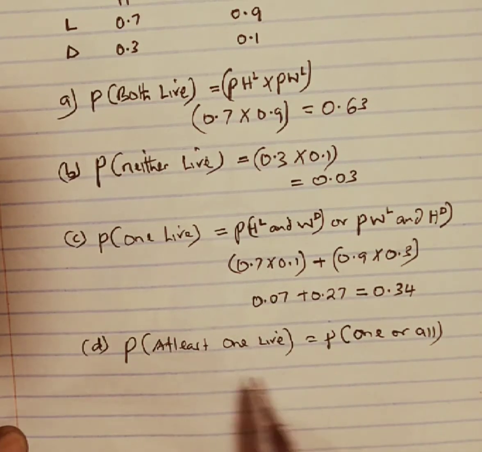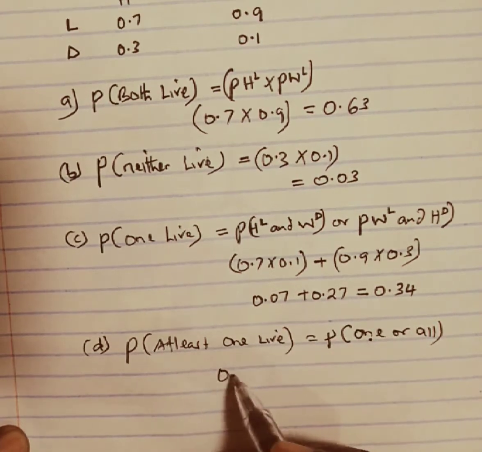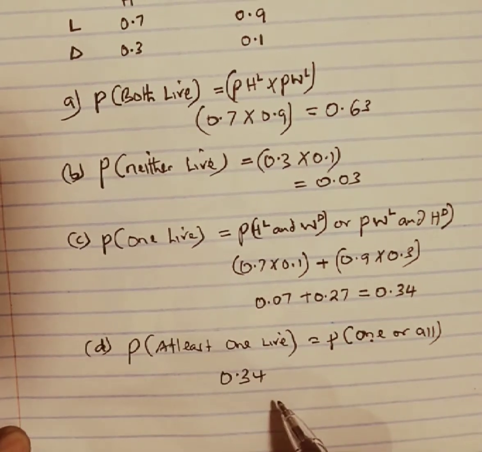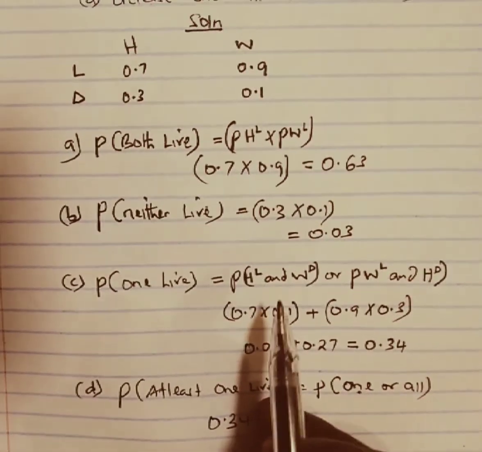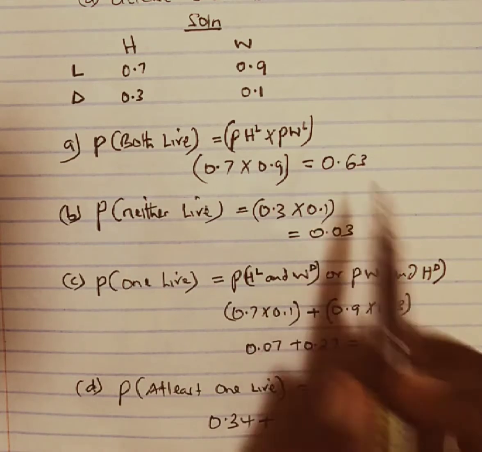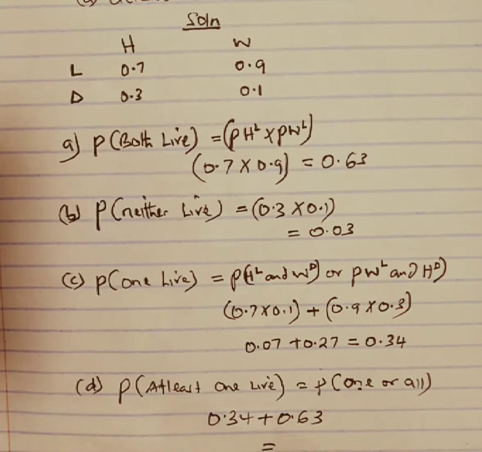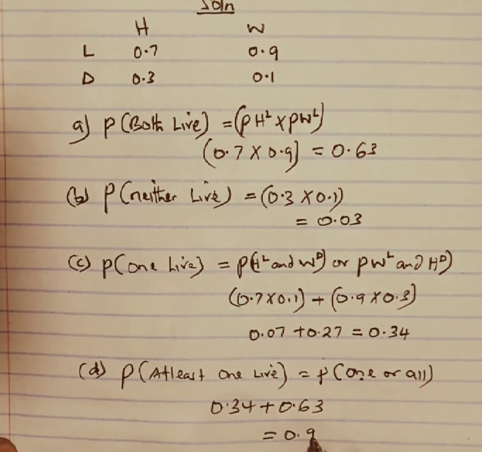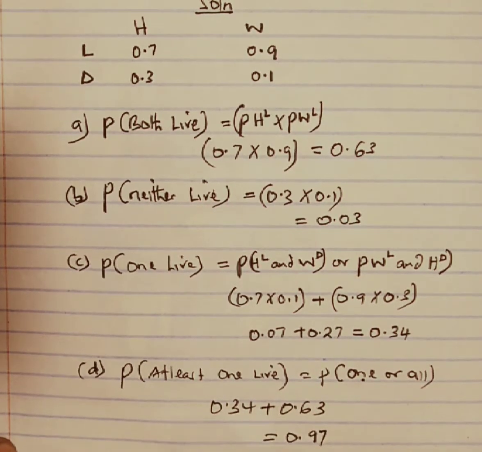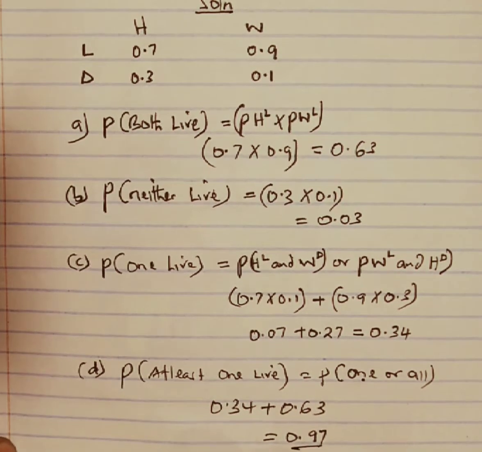The probability of one living already has been calculated as 0.34, so we don't need to calculate it again. Plus the probability that both will be alive has also been calculated to be 0.63. And when you add the two, you get 0.97 as the probability of at least one will be alive in the next 25 years.